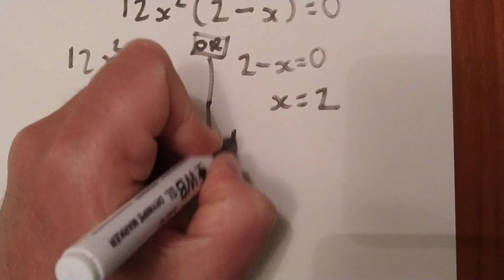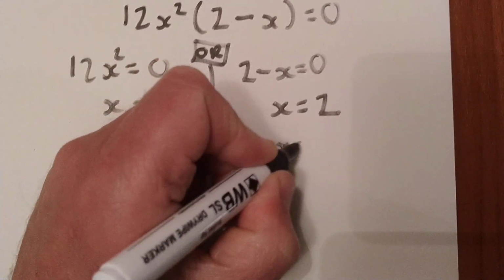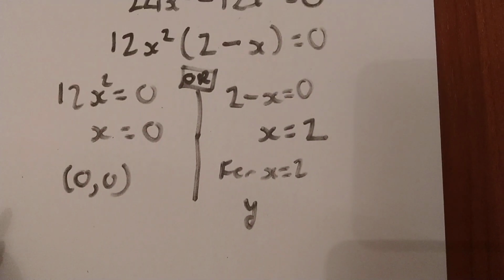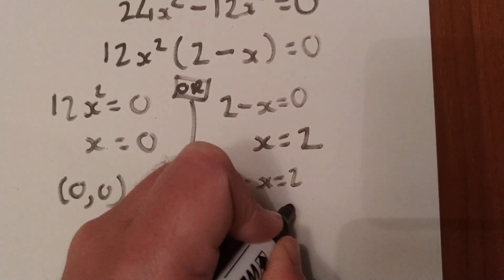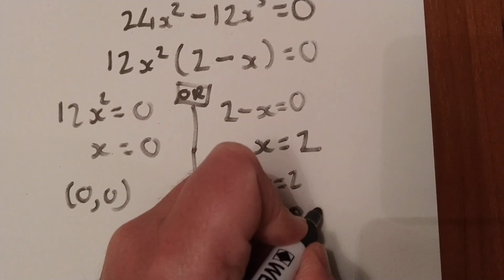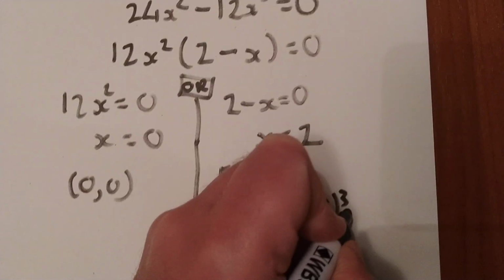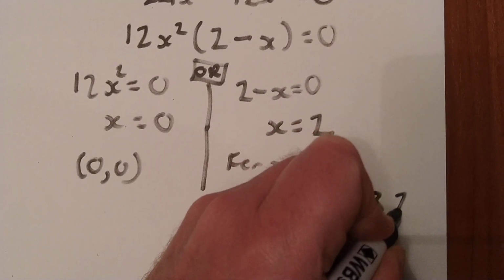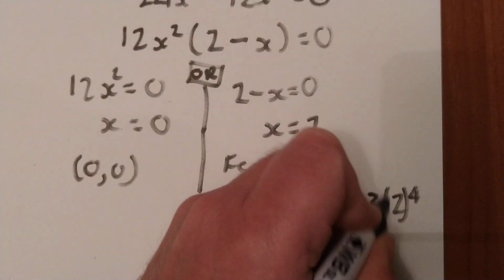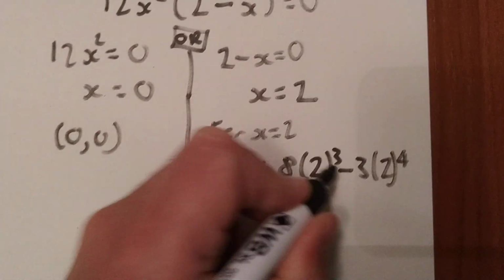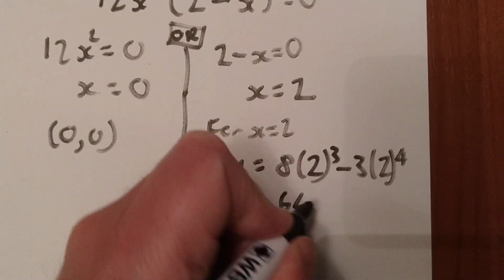And over here, I'll say for x equals 2. Y, remember the first equation tells me points. So y is 8 lots of 2 cubed using the first equation, minus 3 lots of 2 to the power of 4. 8 times 8 is 64.